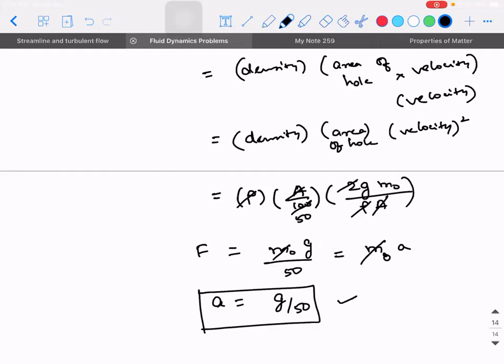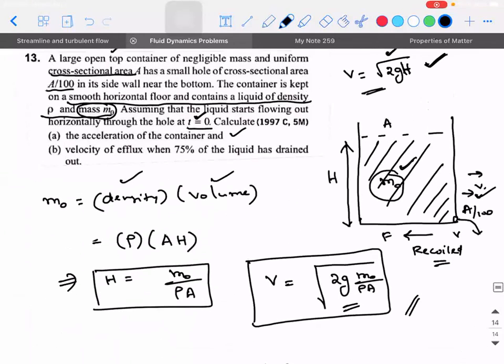Clear? They're asking the velocity of the efflux when 75% of the liquid has drained out. Can you guys do this? When there was a liquid of height h, what was the velocity of the efflux?